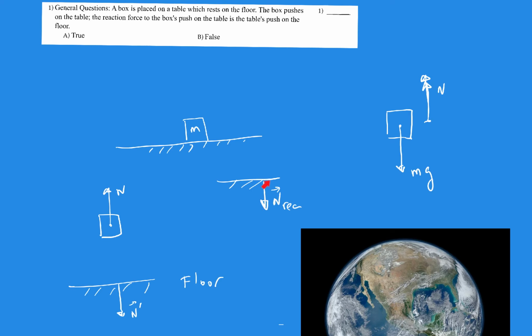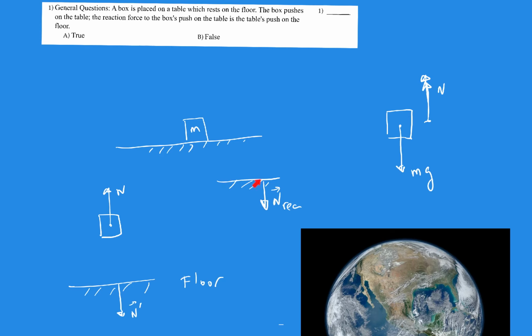So these are the two forces that are action and reaction. The action is the normal force, the force that the floor is doing on the mass. The reaction is the force that the mass is doing on the floor. This one is applied to the floor.